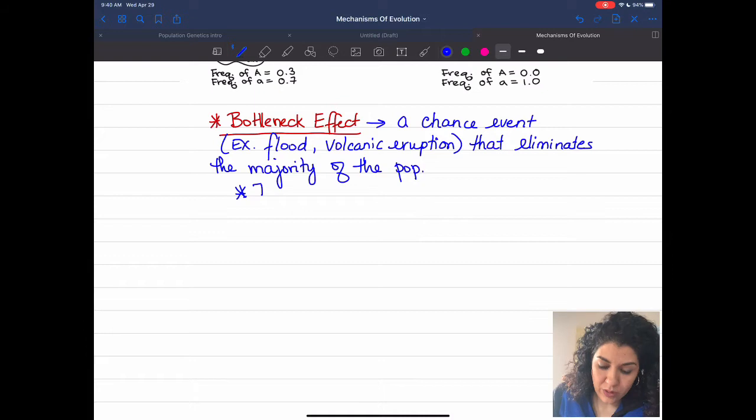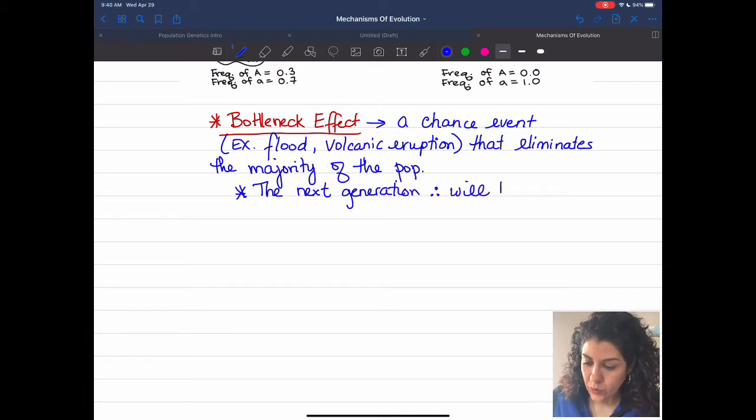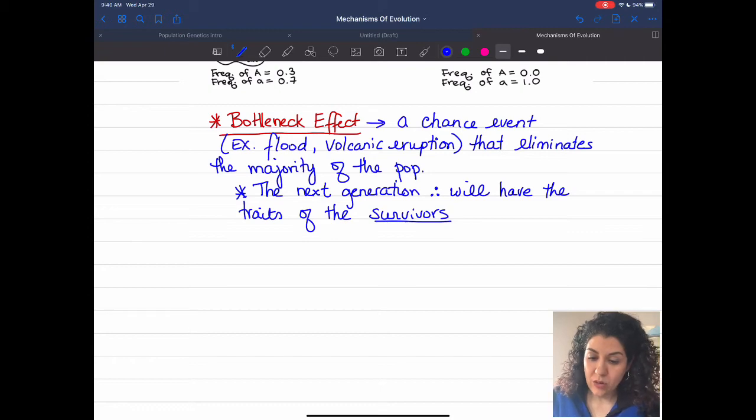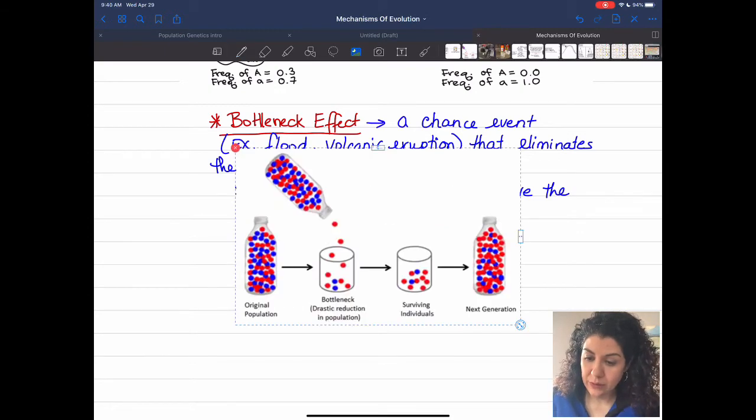So therefore, the next generation will have the traits of the survivors. Okay, and I'll show you why it's called the bottleneck effect.